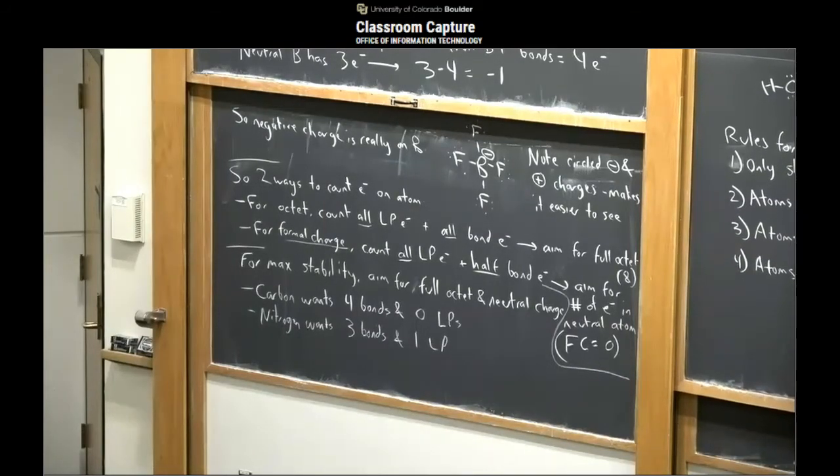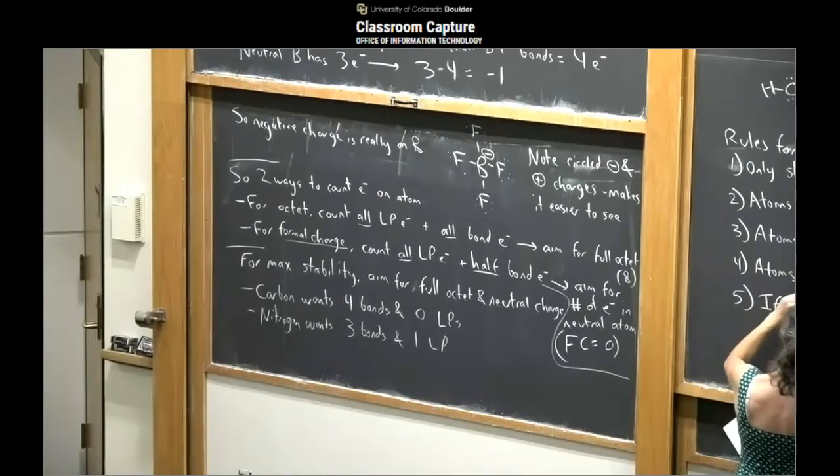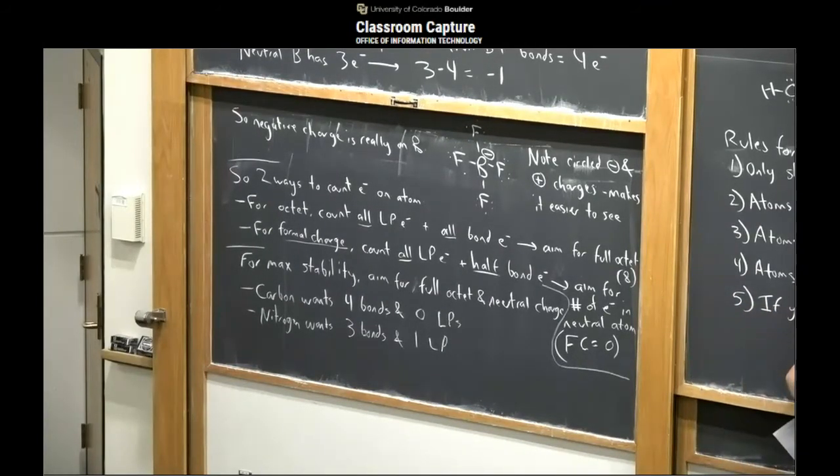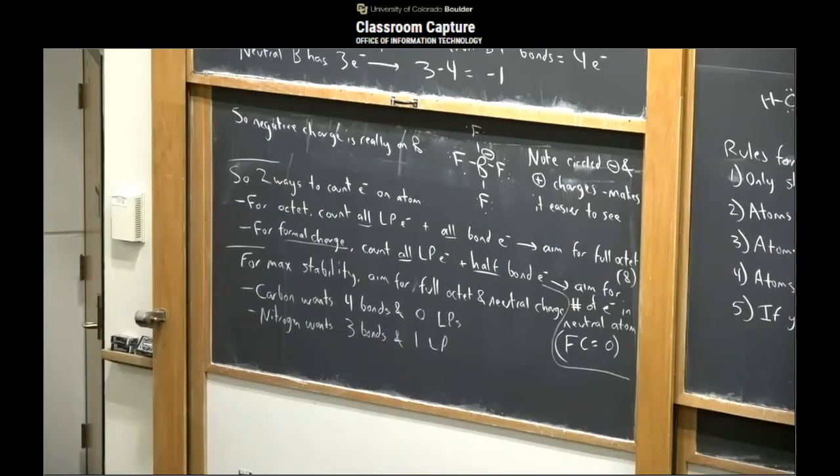If you don't already know the connectivity, like what's connected to what, start out by trying to put the atom in the middle that needs the most bonds.